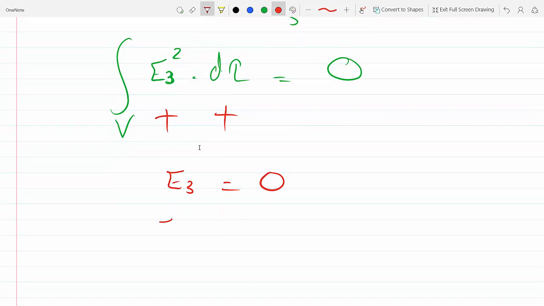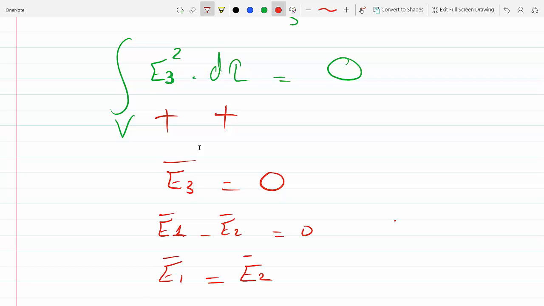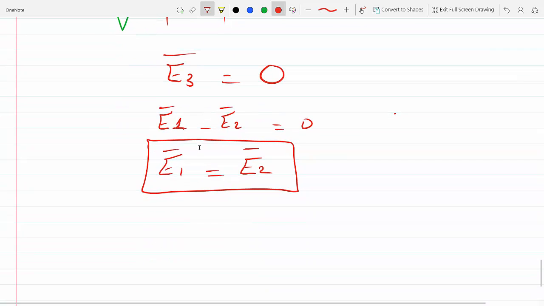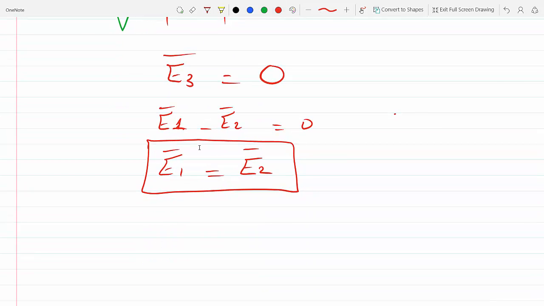And again, if E3 equals 0, that just means E1 minus E2 equals 0, which makes E1 equals E2. And the second uniqueness theorem is verified. There can't be two or more fields. There has to be a unique field that specifies what's going on there.